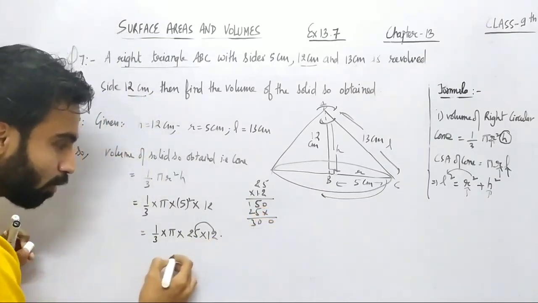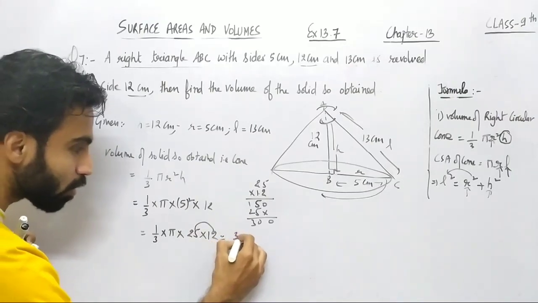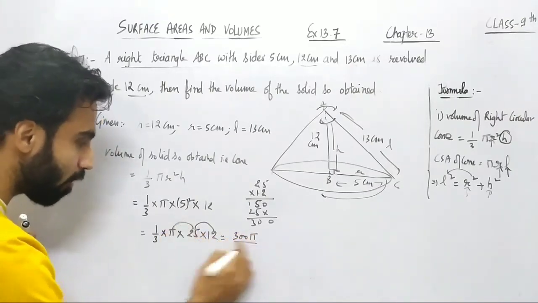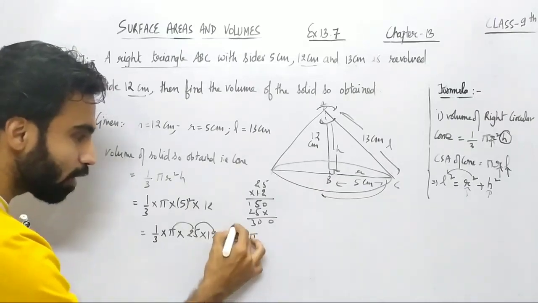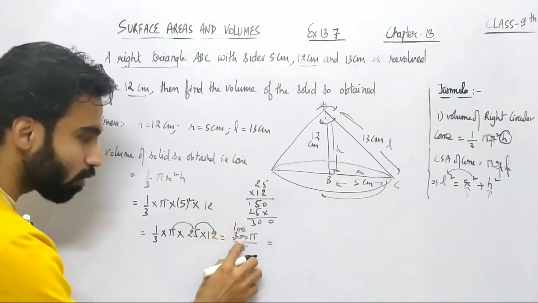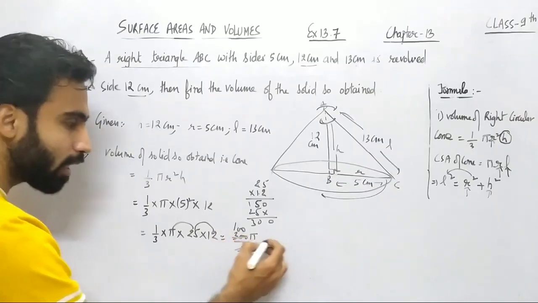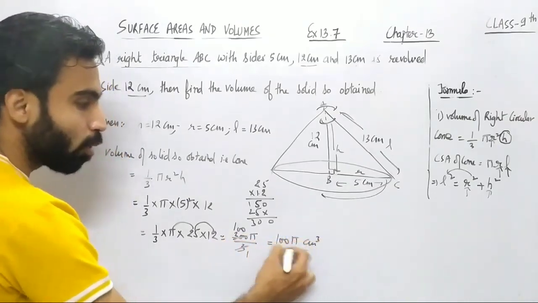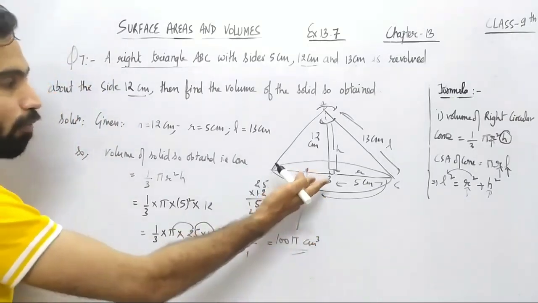So now if I just solve this, 300 pi divided by 3. So 3 into 100 is 300. So reducing 300 by the table of 3, that will be 100. Now you can write 100 pi centimeter cube, this will be the volume of the solid.